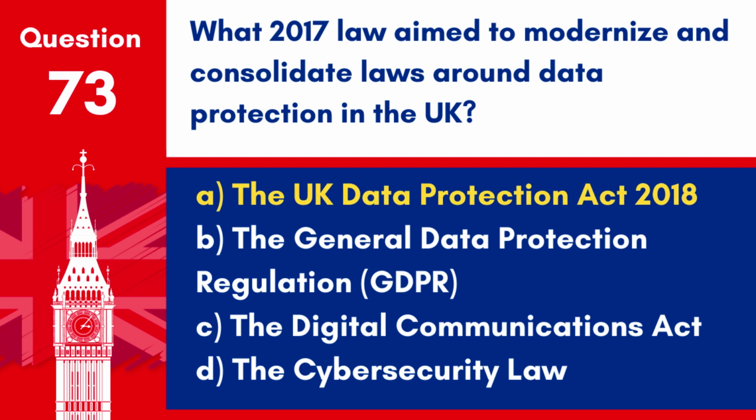Answer: A. The UK Data Protection Act 2018. Though introduced in 2017 and enacted in 2018, the UK Data Protection Act 2018 aimed to modernise and consolidate laws around data protection in the UK, aligning with the EU's GDPR.